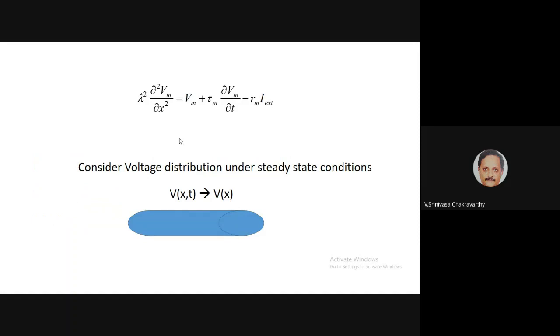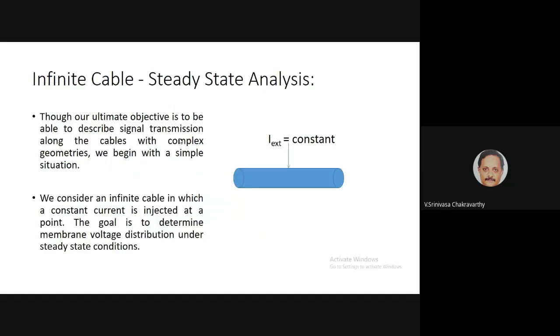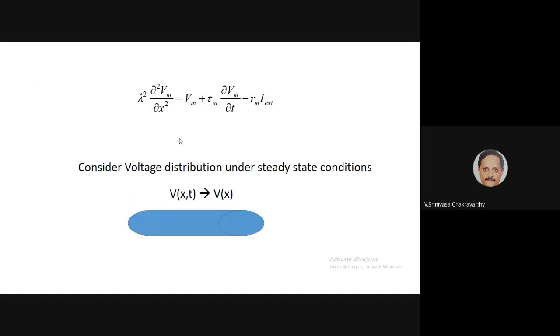Then we can replace V of x, t with just V of x, where at steady state all voltage is constant in time, so it becomes purely a function of space. So you can ignore the ∂Vm/∂t term, and you're just left with the spatial derivative on the left side equal to Vm minus Rm Ix t.